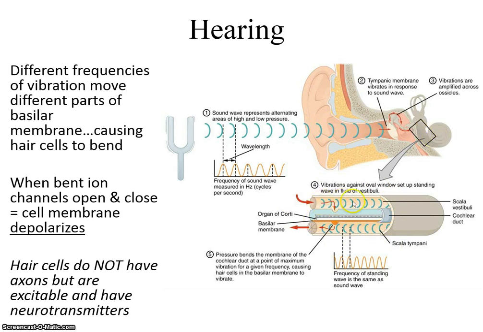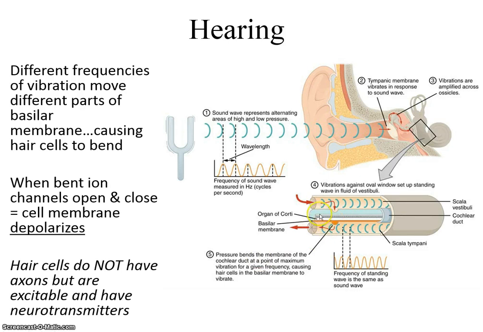So scala vestibuli, scala tympani, and then this membranous labyrinth in the middle, right? So vibrations against the oval window, which is right here, start a wave moving, all right? And the waves move through the scala vestibuli and the scala tympani, and this bends the basilar membrane, right?